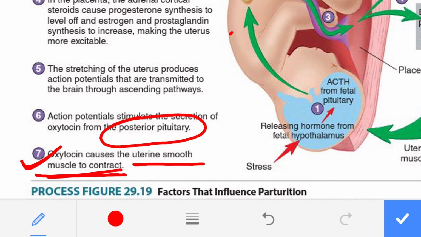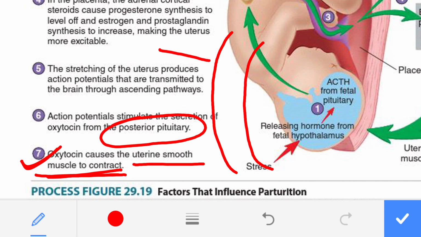Now we have studied the structure of the uterus. So in the uterine wall we know that the outer layer is the perimetrium, then the middle one is the myometrium, and the last one around the uterine cavity is the endometrium.